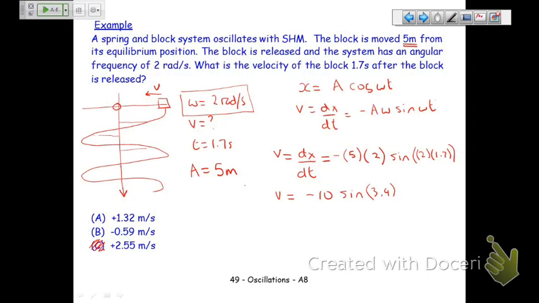In physics 2, we're always going between degrees and radians. And the trick is, if you're dealing with something that's got omega in it, you're going to be dealing with radians rather than degrees. So watch out for that. So that equals minus 2.55, so v is equal to plus 2.55 meters per second.